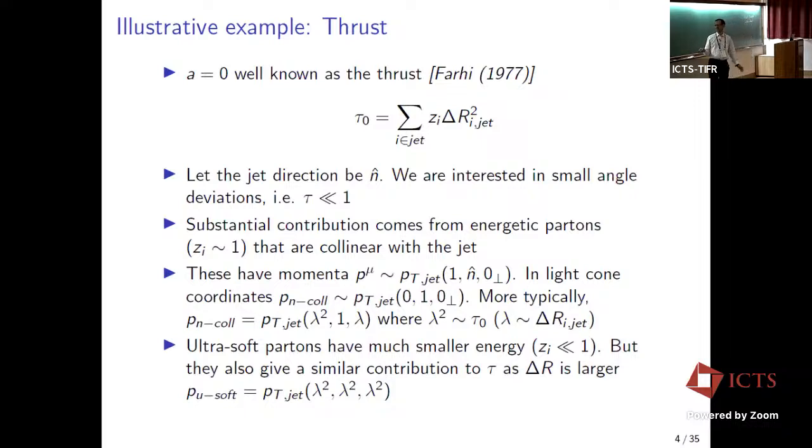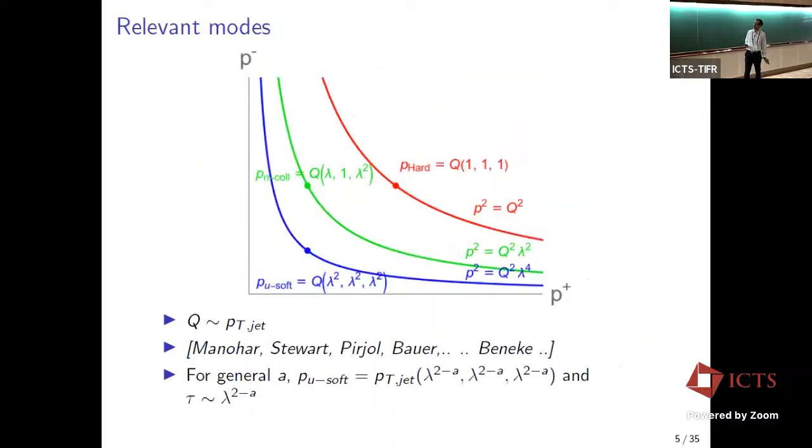In addition, ultra-soft partons also contribute to it. They have a smaller value of z, but they have delta R, which is larger. So they also contribute equally to the observable. So these are the two modes that contribute to your angularity.